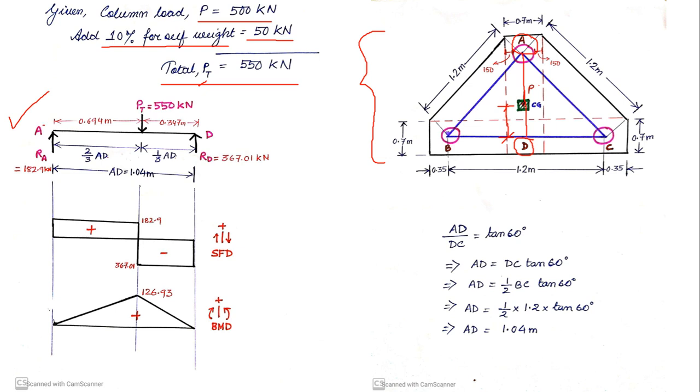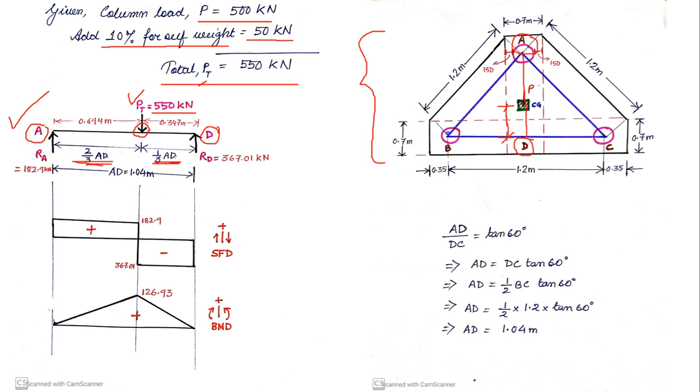Okay, so here I have got point A, I have got point D. And here I have got the load coming from the column, that is PT. PT is 550 kilonewton. Now you see that PT is at a distance of 1/3 from point D. So I have written that it is 1/3 AD. So if it is 1/3, then obviously the other side has to be 2/3 of AD.